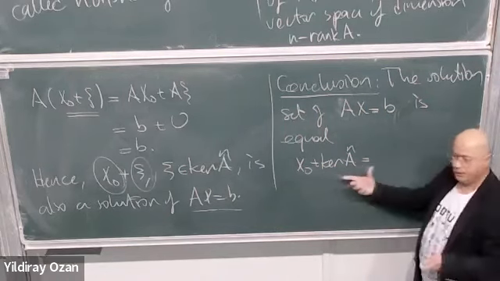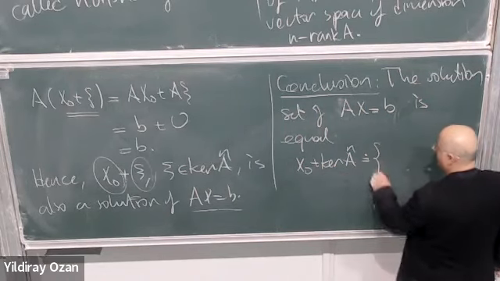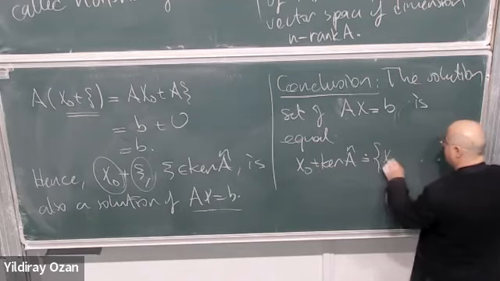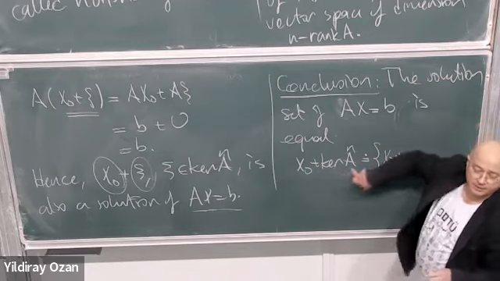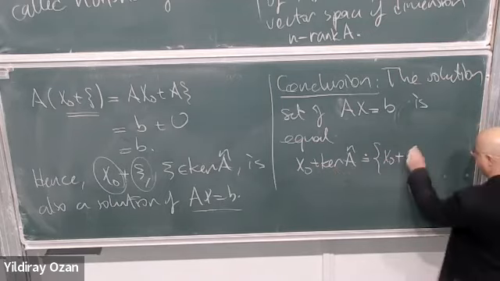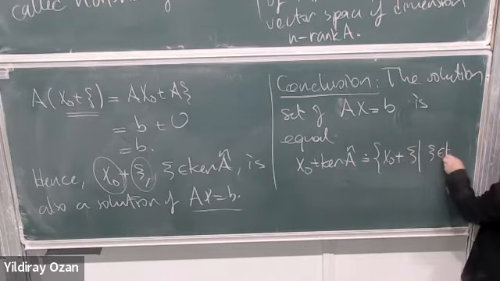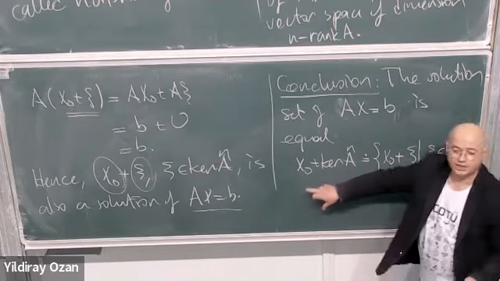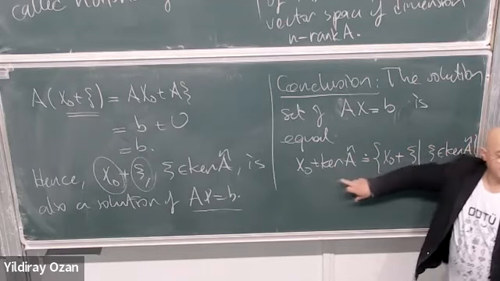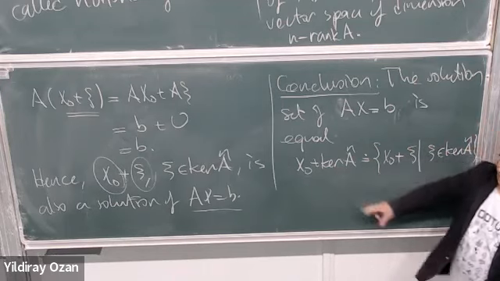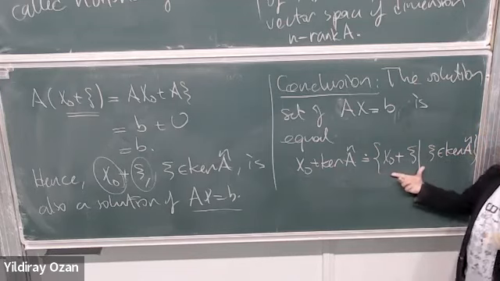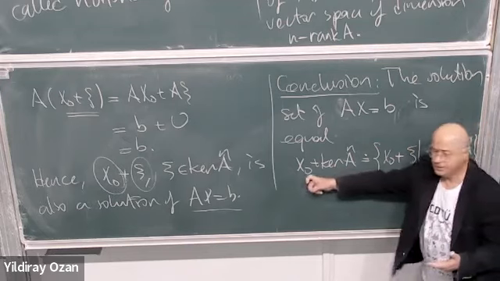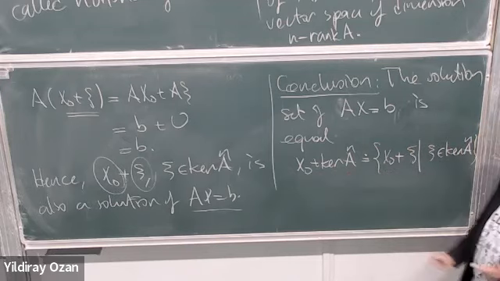I mean the following: you just take this vector and add the elements of this vector space in the kernel. So this is just a notation, a vector plus a subspace. It means you just consider all the sums of x0 with the vectors in that subspace.